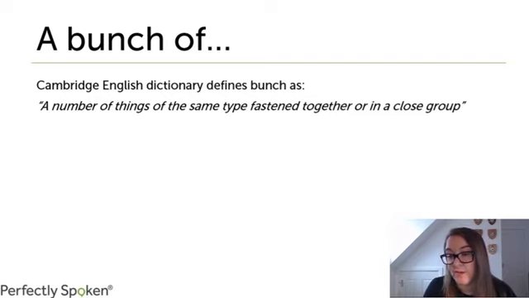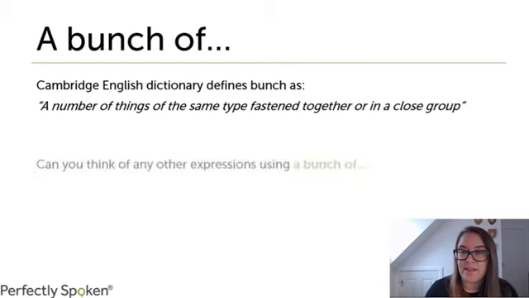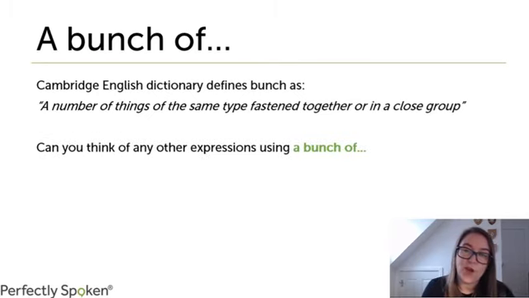So for example, if you think of grapes, a bunch of grapes, all the grapes are the same and they're together. The same with the flowers, the same with the keys. It's the same item connected together. So bearing this in mind, can you think of any other expressions using a bunch of?